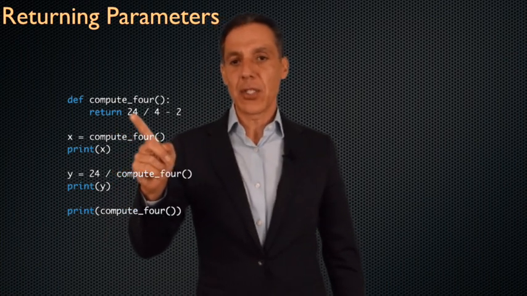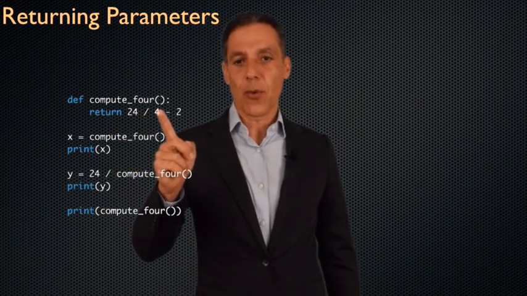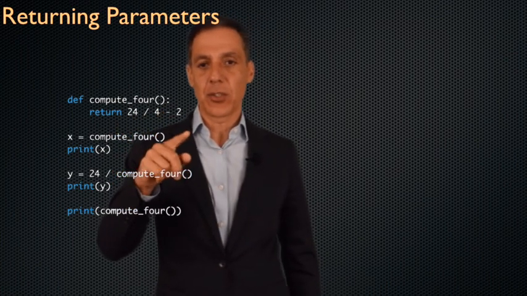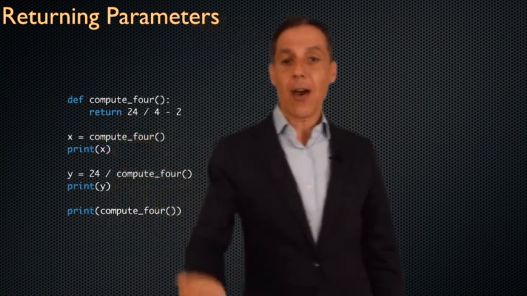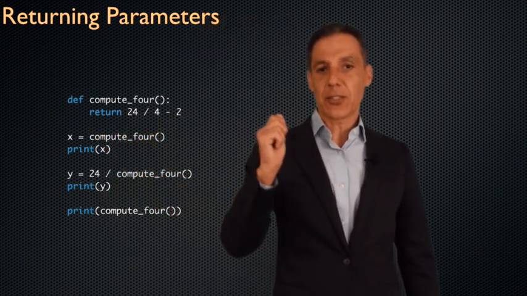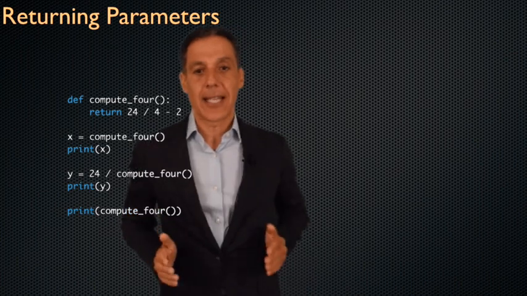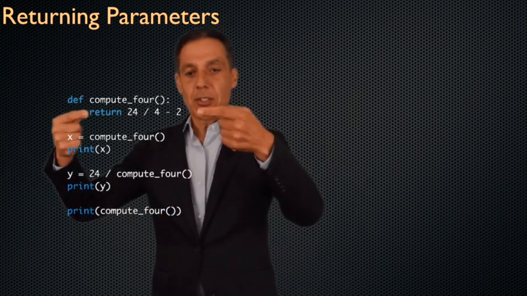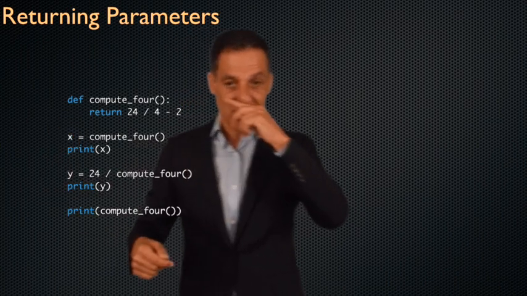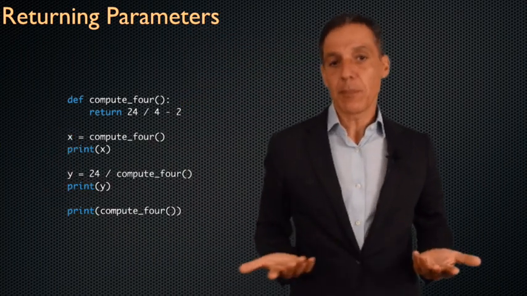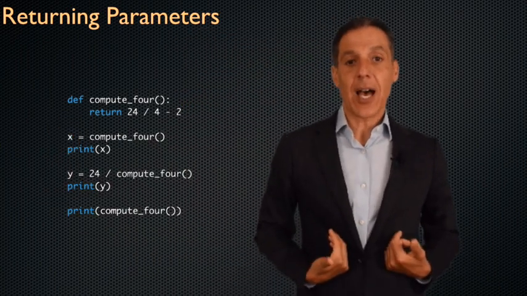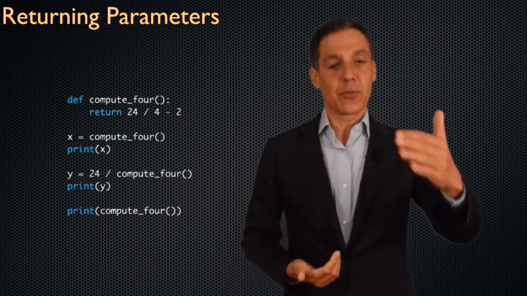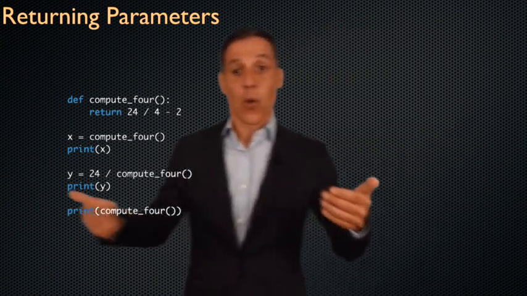Well, I'm going to compute 24 divided by 4 minus 2. So 6 minus 2, it just computes it. And now, instead of printing it, instead of assigning it to a variable, instead of doing anything, I simply hand it back. Okay? Now, my function compute4 has a return statement. Now, I'm going to call compute4. And I get to decide, as with square root, as with int, as with length, what do I want to do with it?